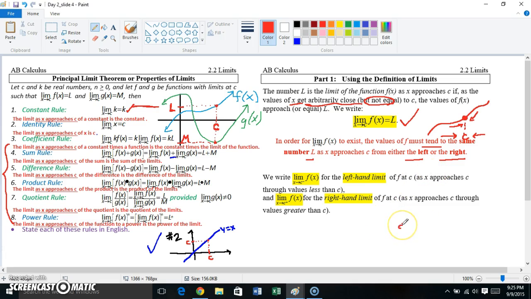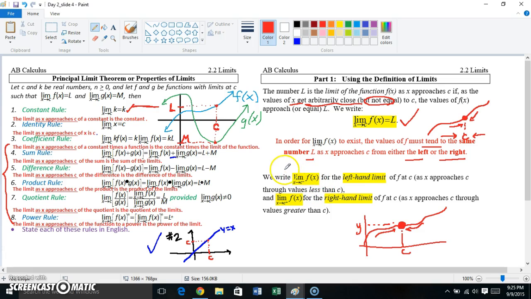Okay, so talking about this function, here's c, and we've got some y value. As you approach c from the left, and as you approach c from the right, the y value is the same.